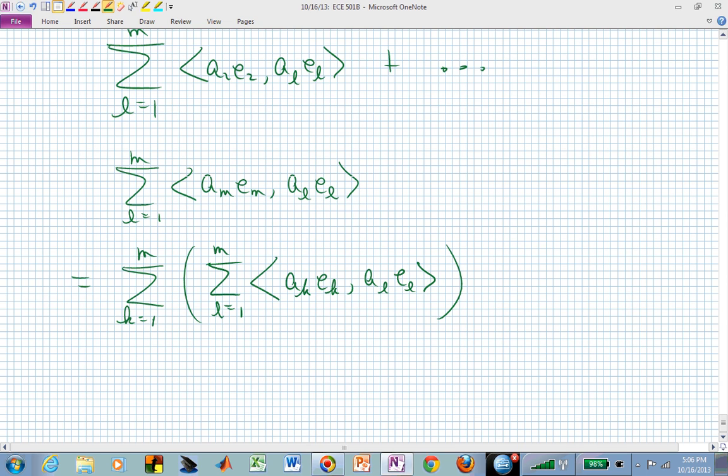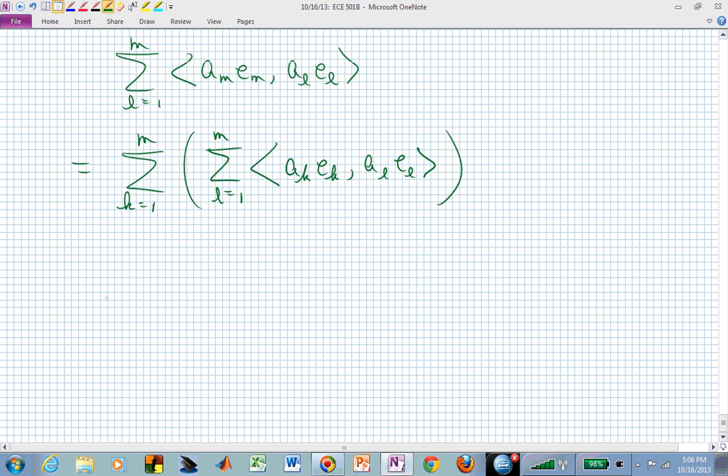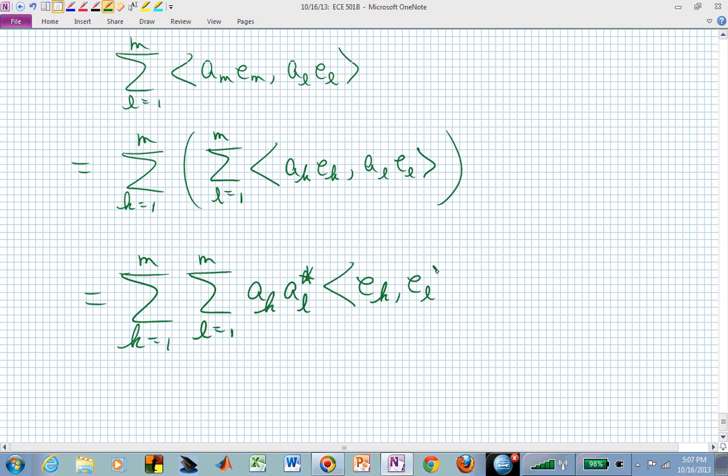So we can say this is the same as the sum from k equal 1 to m, sum from L equal 1 to m of A sub k, A sub L conjugate, inner product with E sub k, E sub L.